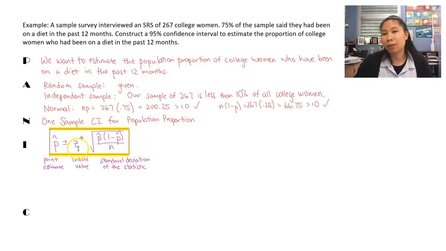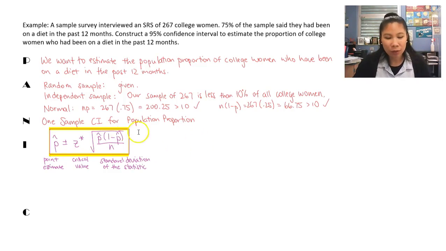Our Z star is our critical value. And our standard deviation of the statistic formula should look familiar from last chapter: the square root of p times 1 minus p over n. But now, because we don't know the population proportion, we can only do this with our sample proportion, and that's why it's a p hat instead.